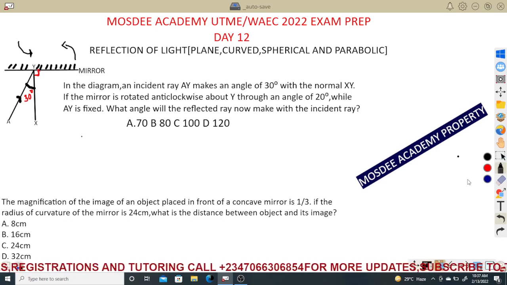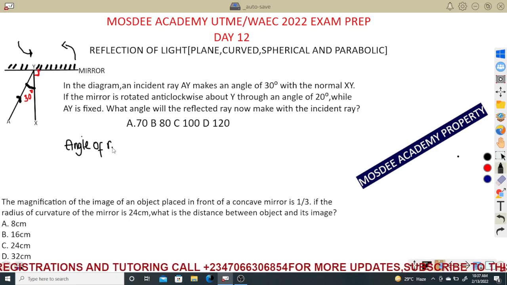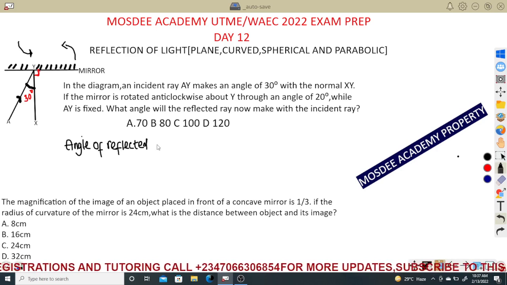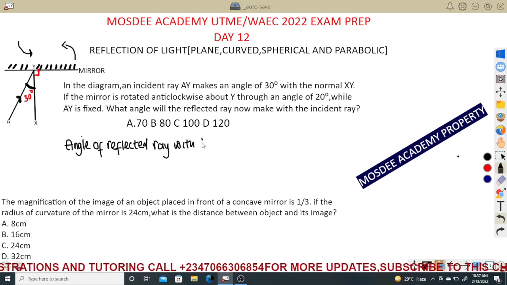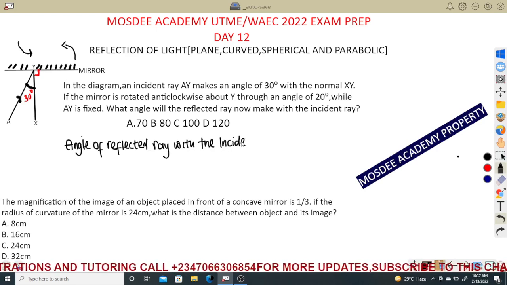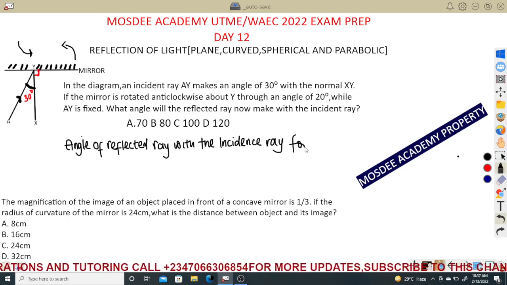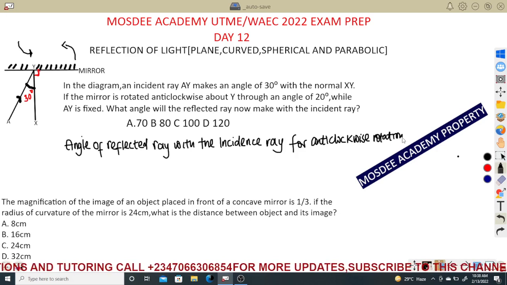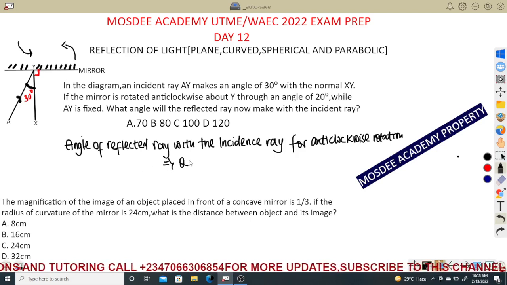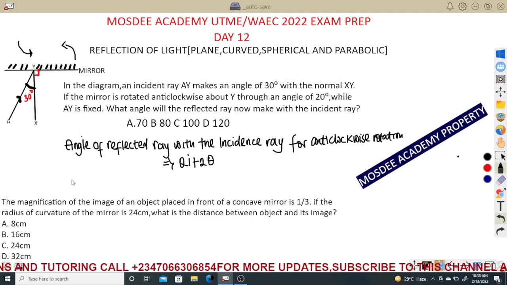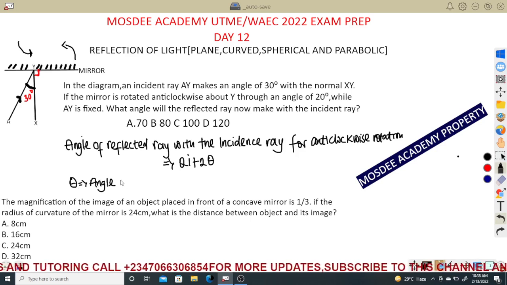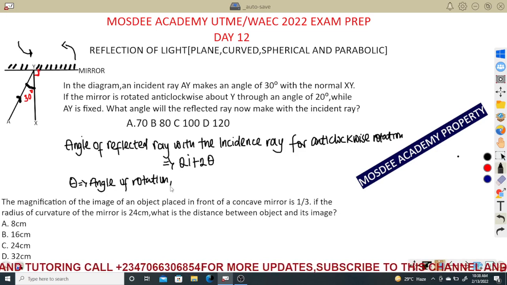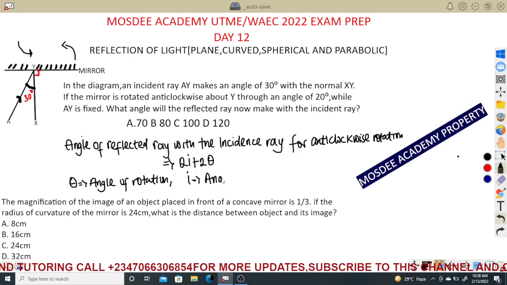The important point you need to keep at the back of your mind is the angle between the reflected ray and the incident ray for anti-clockwise rotation, which is given as 2I plus 2 theta, where theta stands for the angle of rotation, and I is the angle of incidence.